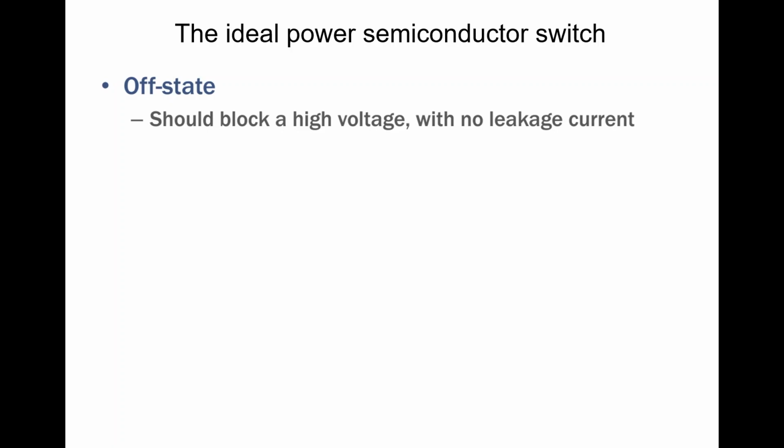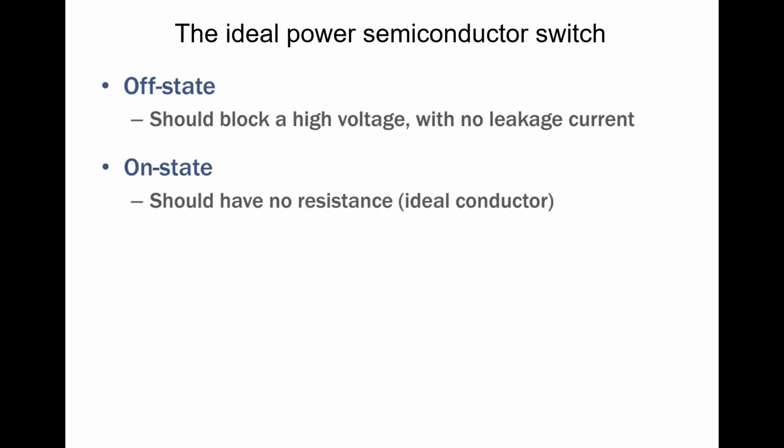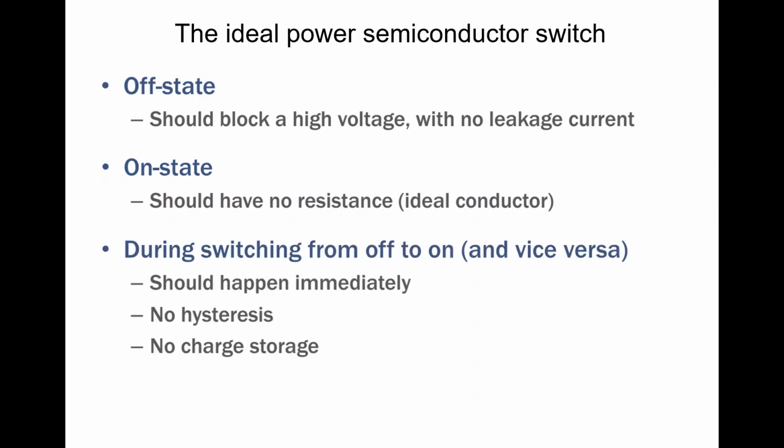So what is an ideal device? In the off state, it should block the high voltage with no leakage current, as low as possible. In the on state, no resistance. Obviously that's kind of impossible, but you want to be as close as possible to the lowest resistance. Also mentioned in the first talk is the switching from on to off and vice versa.